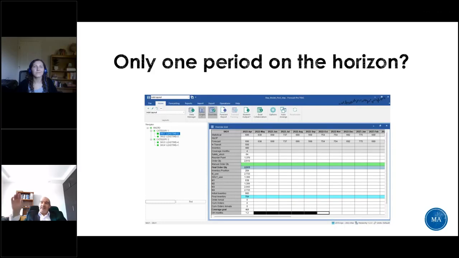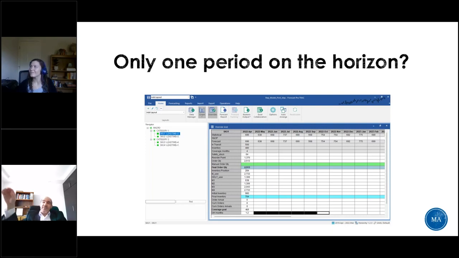So this is an example of only one period on the horizon. You can do the replenishment model only for one period. In this example, this is only for April, for 1 month. And as you can see, I have a lot of rows in the ForecastPro window, and the override grid. And I have a lot of formulas.